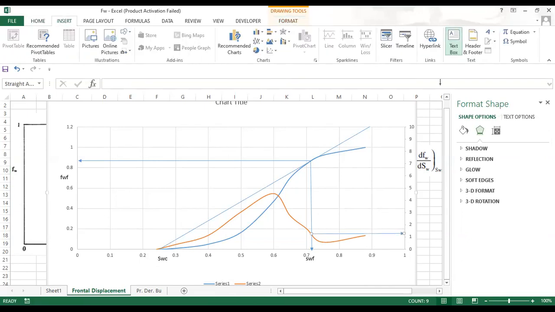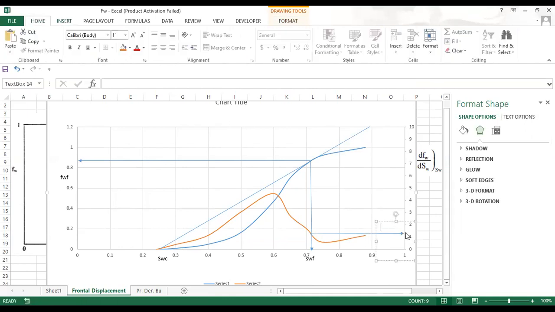I'm going to put the value. It comes close to dFW by dSW, it is in between, close to 1, coming close to 2.